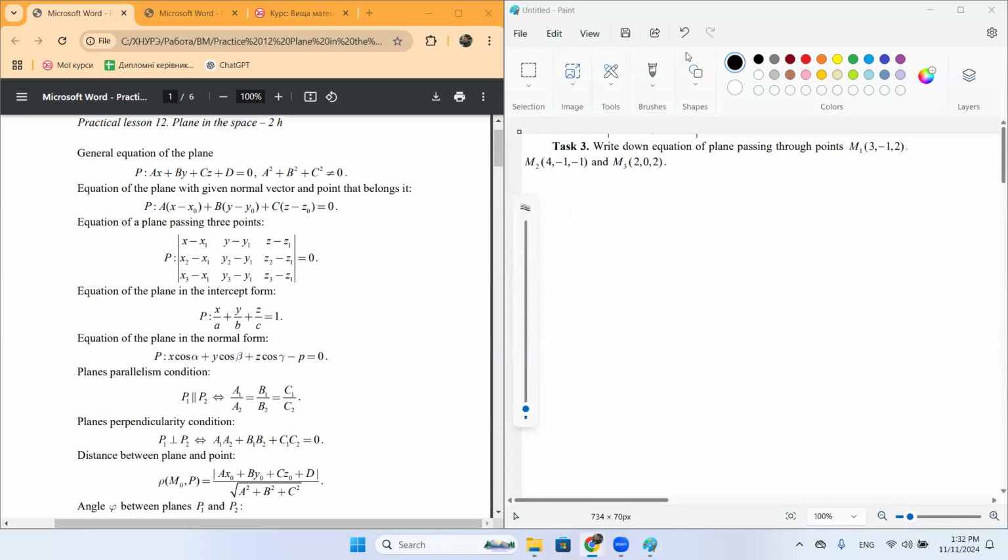If we go like in the previous exercise, it would be slower, take more time and more actions, so the fastest way is to use this equation, the equation of the plane passing through 3 points. We have 3 points, so let's rock.